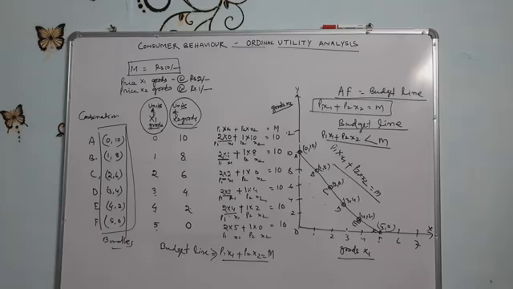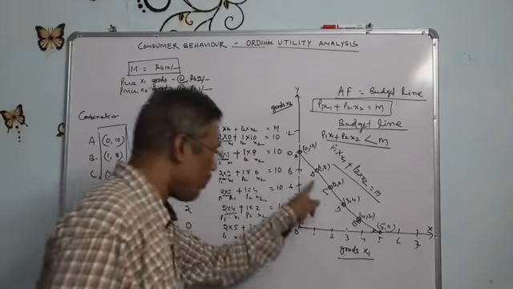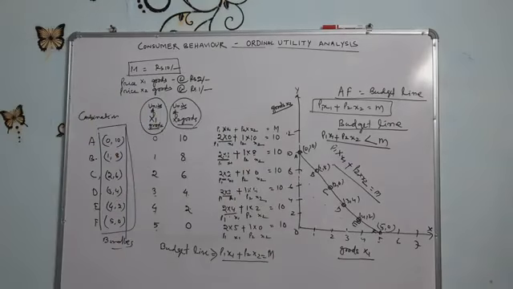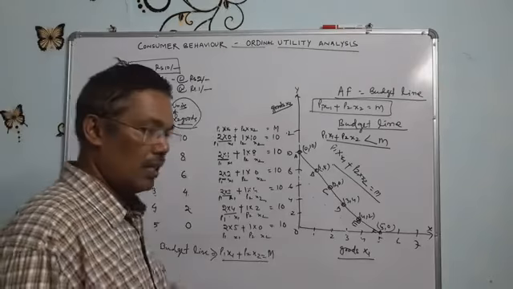Budget line is all the possible combinations of two goods, shown in graphical presentation, of given income and two goods that a consumer can buy. That is called budget line.